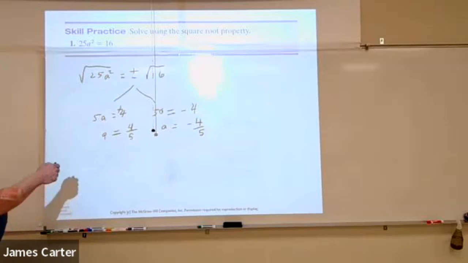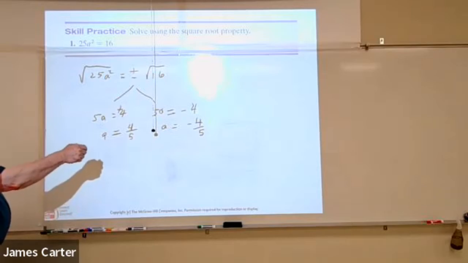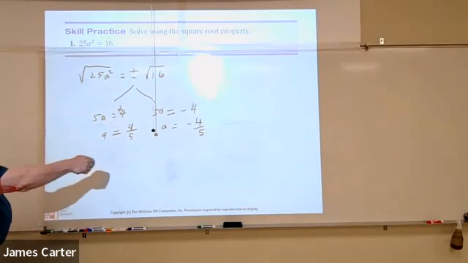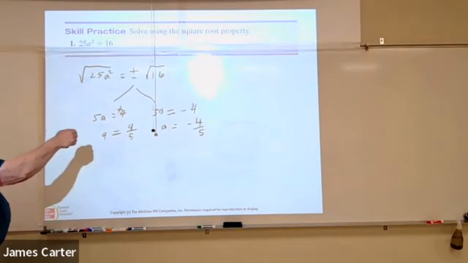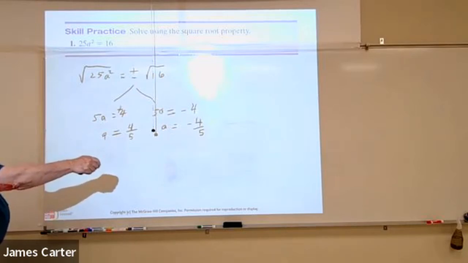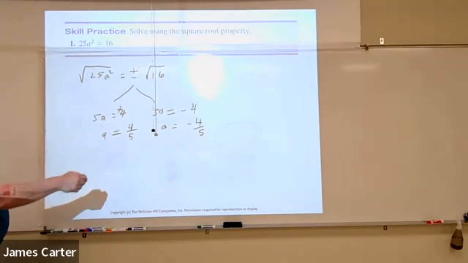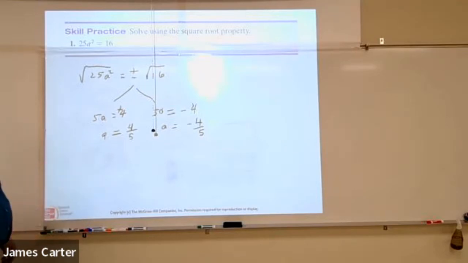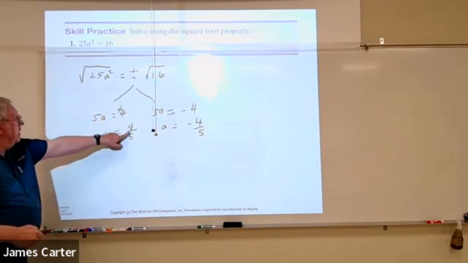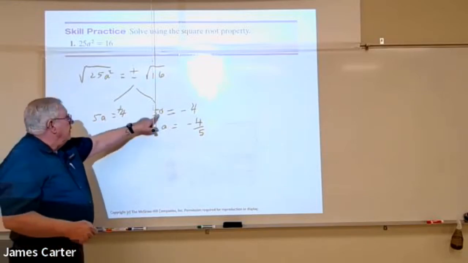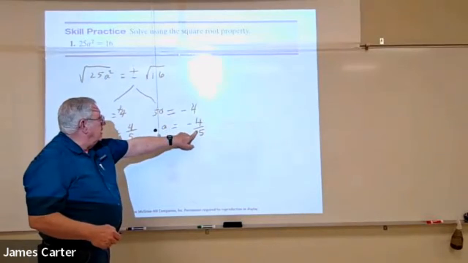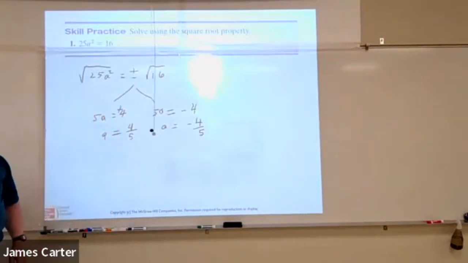Okay, so this gives me 5a equals positive 4. That over there is I have the 5a again equals the negative 4. Hence my two sides. Same thing we have to do on absolute values, right? Okay, so divide both sides by 5 and I get 4/5 here. Divide both sides by 5 and I get negative 4/5, and that is my answer.